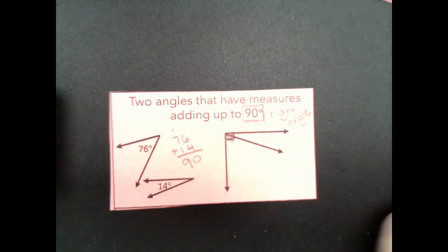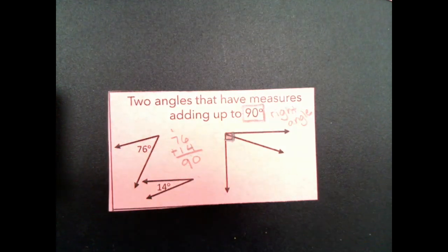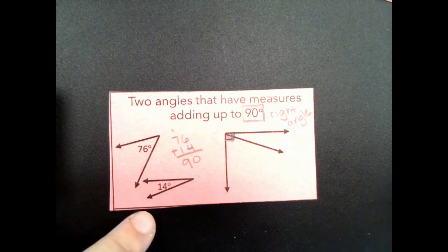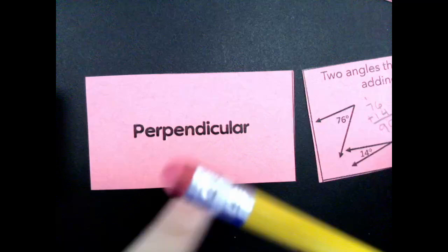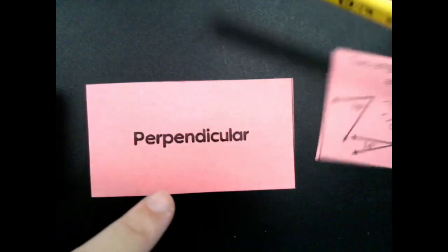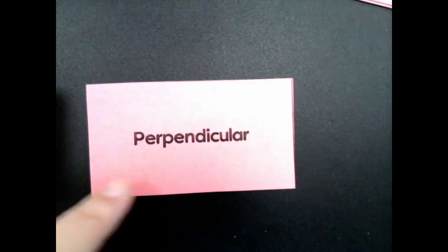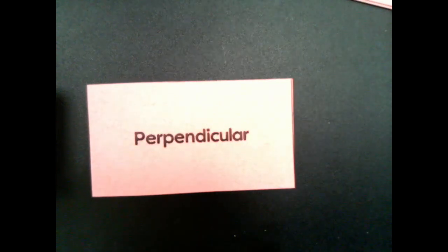All right, one last card, and then we do have a couple examples to do. The last card we're going to do is perpendicular. What's the other word that you think of with perpendicular?